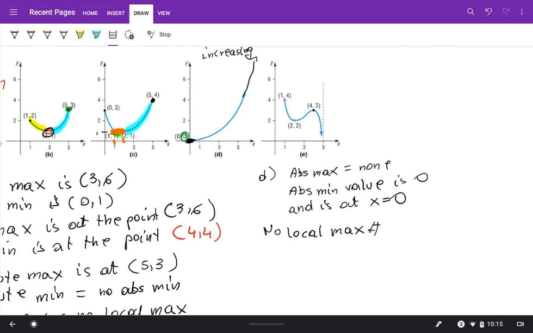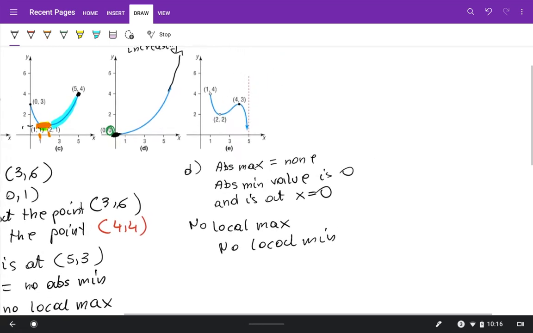Also, there is no local minimum, because to have a local minimum, the graph should be switching from decreasing to increasing, or from constant to increasing. We don't have that change because the entire graph is increasing. So you don't have a local minimum.